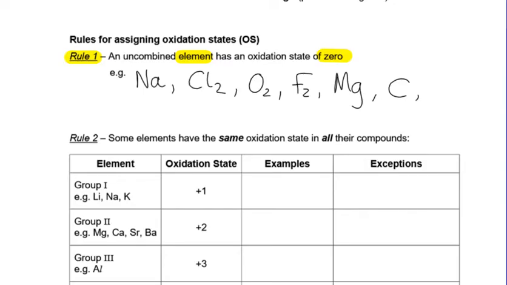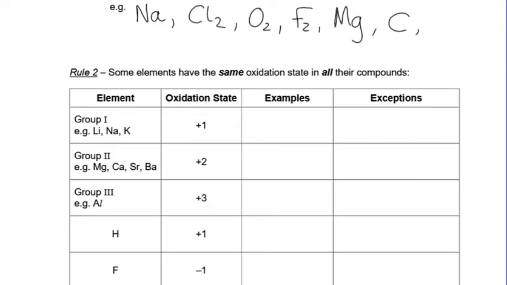Rule number 2, we've got to learn some common values for oxidation states. Some elements have the same value in all their compounds. So the group 1 metals, when they form compounds like sodium chloride, sodium oxide, potassium bromide, every single time will have an oxidation state of +1, and there are no exceptions to this rule.